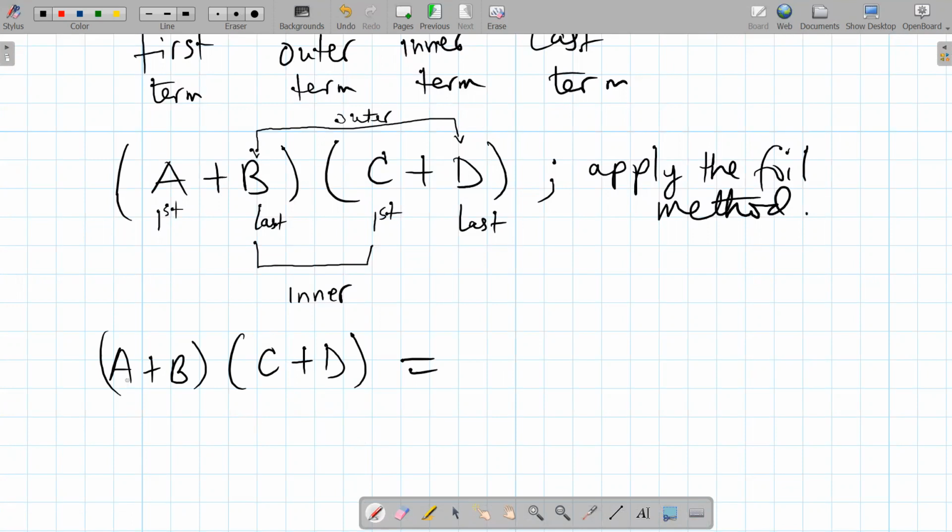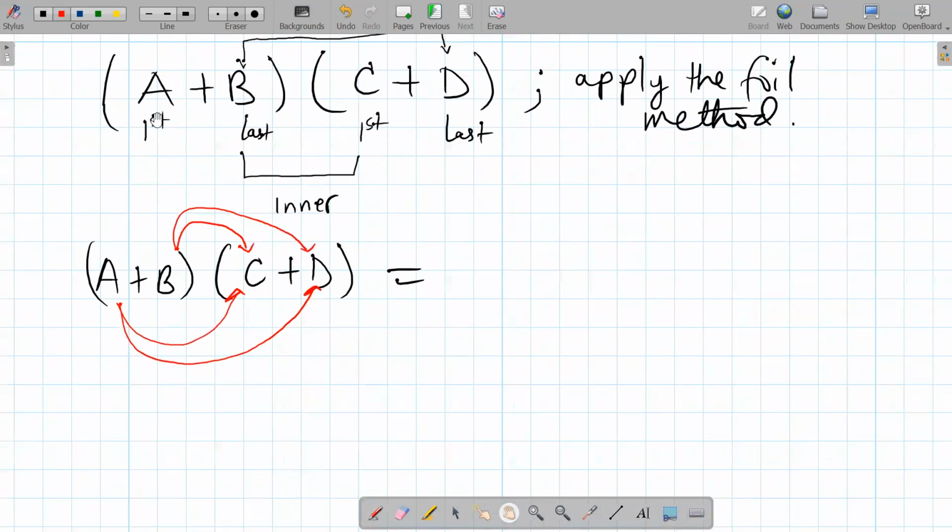Okay. The A here multiplies that and multiplies that. And the B is also going to do the same. So it's a very simple concept, just as we saw earlier.